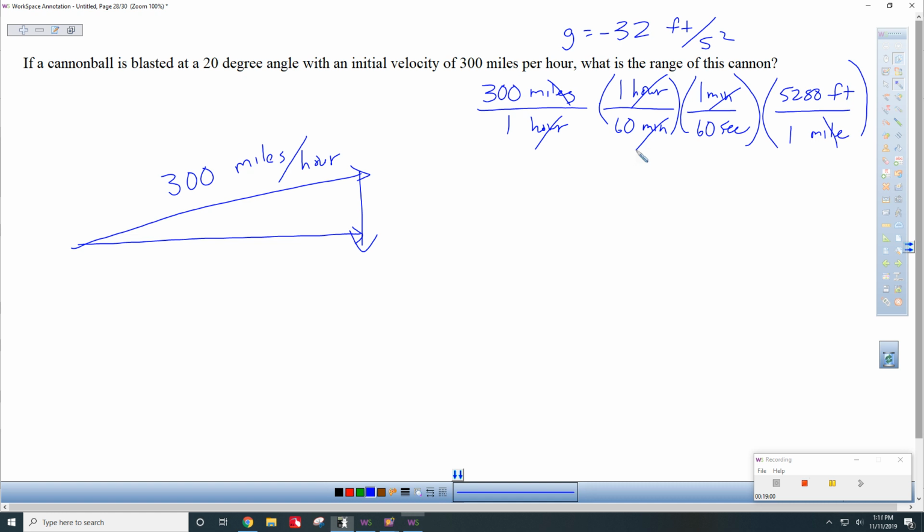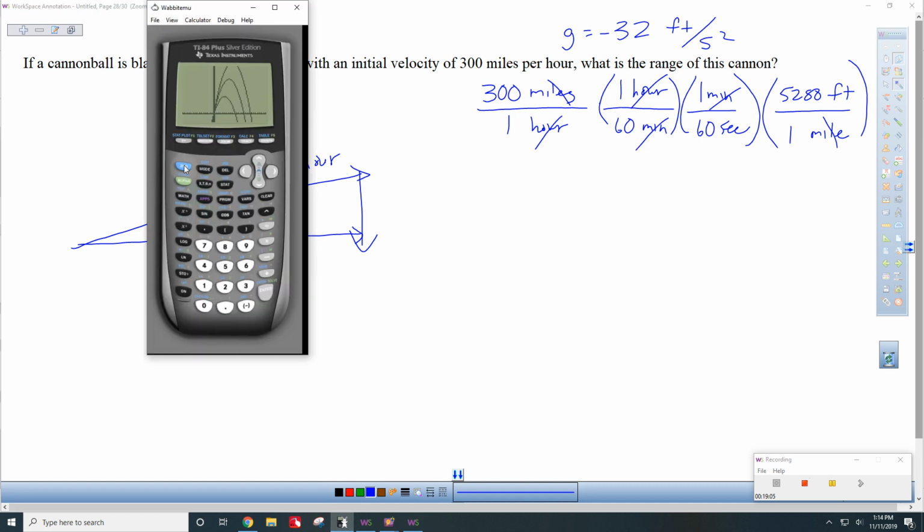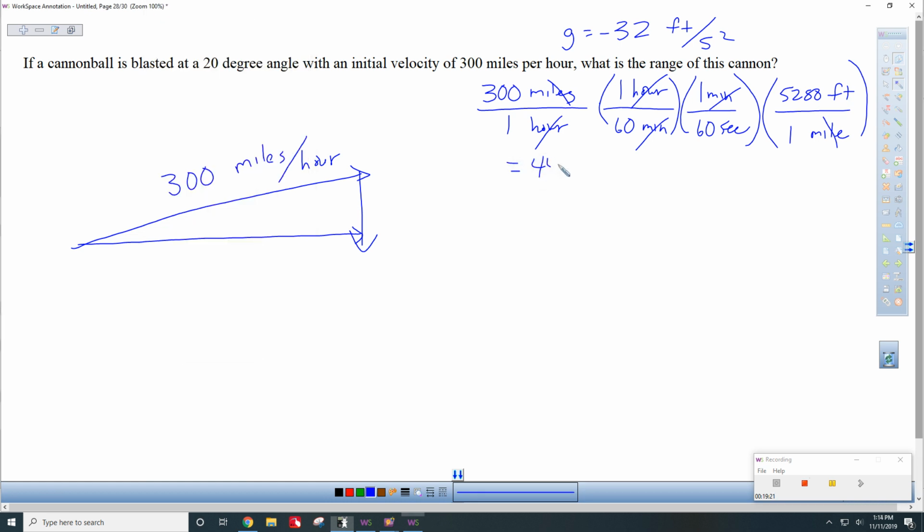Feet per second. Okay, let's figure out what that is. So we got 300 times 5,280 divided by 60 divided by 60. So that's 440 feet per second. Okay.